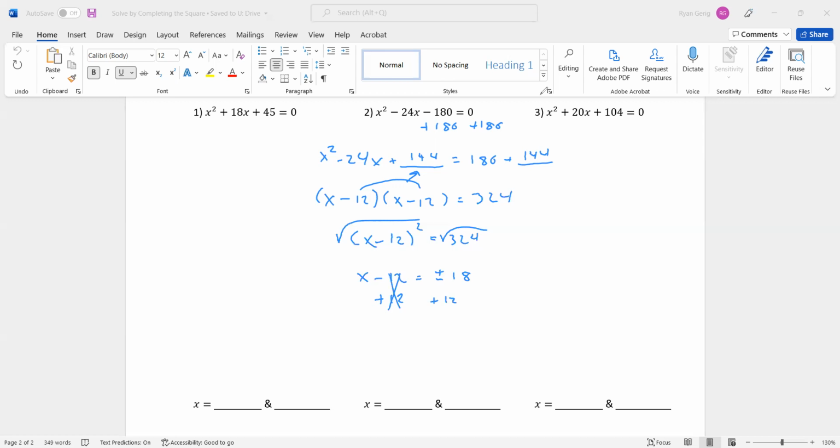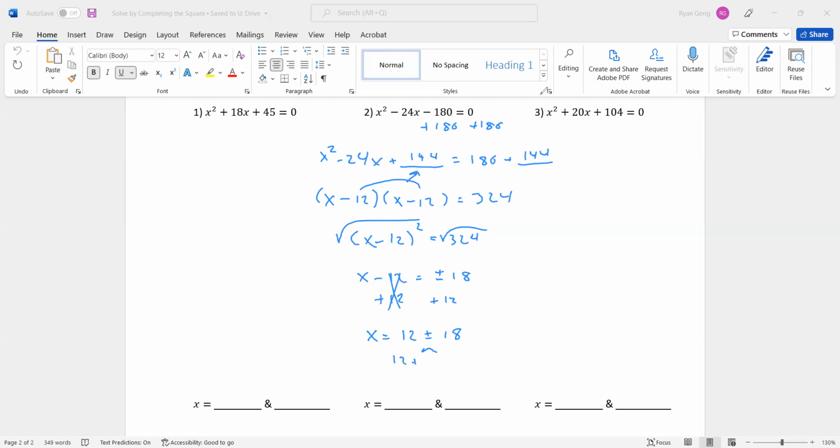Add 12. I'm going to make a mistake here that a lot of people do make. They'll say plus or minus 12 plus 18. They shift the plus or minus to the wrong number. Okay, don't do that. Make sure you are using the right numbers and the right signs. So 12 is positive, plus or minus 18.